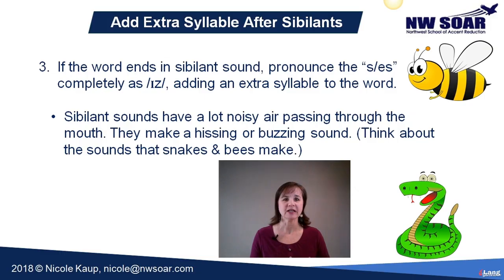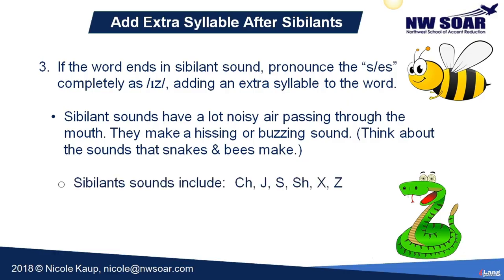A sibilant is a sound that has a lot of noisy air passing through the mouth. They make hissing or buzzing sounds. Think about snakes and bees, like s, z. You hear a lot of noisy air coming through the mouth. When that happens, we're going to go ahead and add that extra syllable to the end of the word.